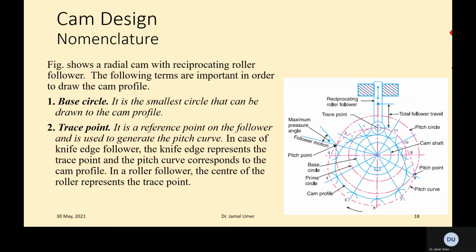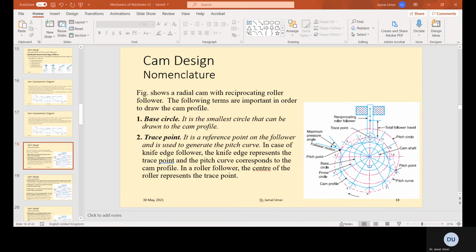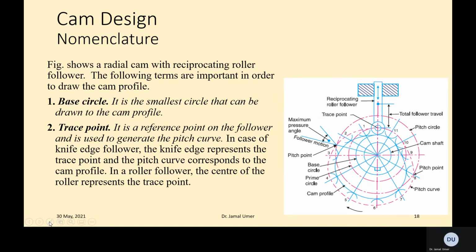These terms are important in order to draw the cam profile.